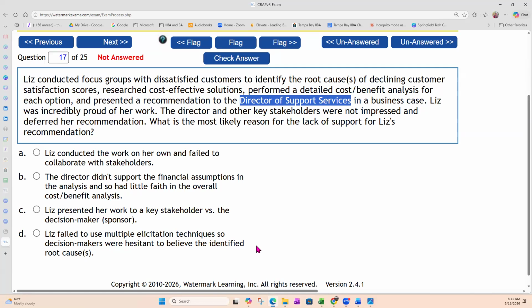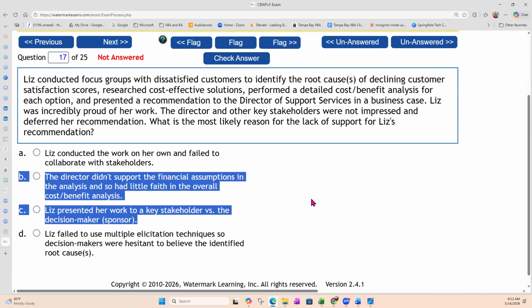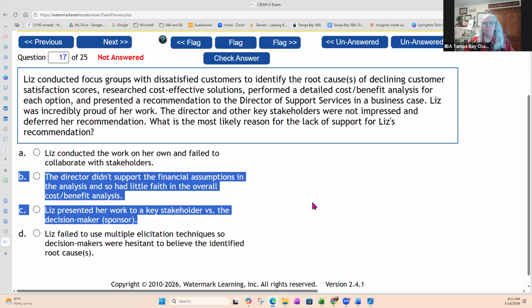Eliminate B for Baltimore and C for Canada. Why? We don't have any information about who is the sponsor, and we also don't have any information about the financial assumptions. Okay. Gabrielle, what do you think?